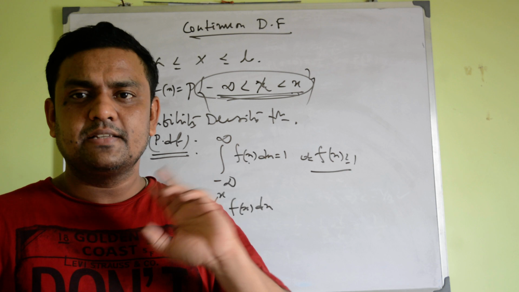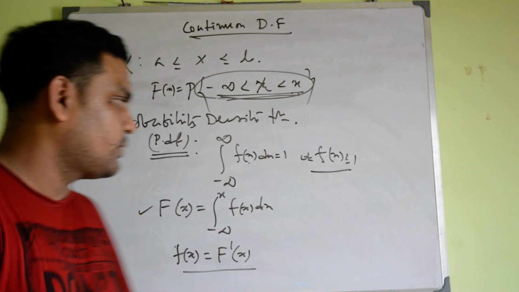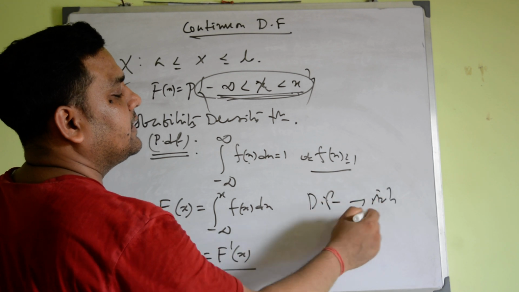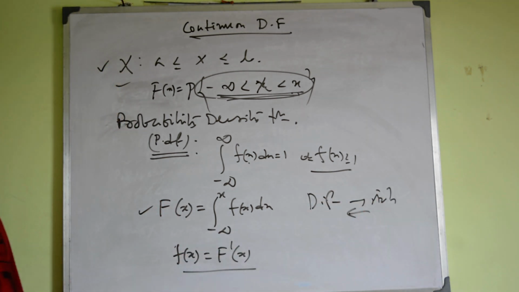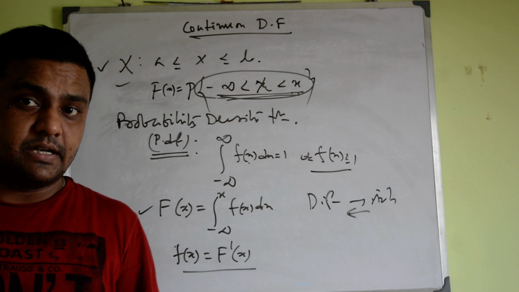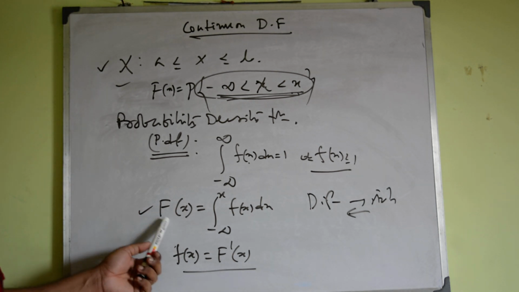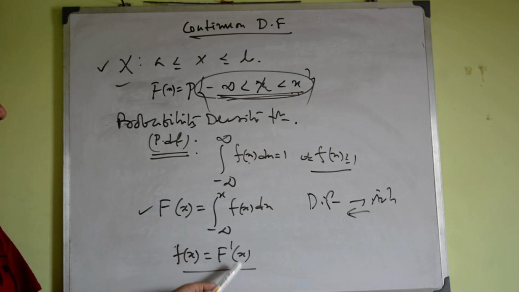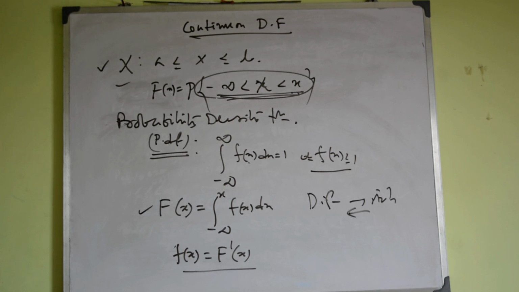So from differentiation one can get the integration, and from integration you get the differentiation. So F(x) is the integration of f(x) dx, that means f(x) equals d/dx of F(x), or you can write F'(x). So that is our probability density function.